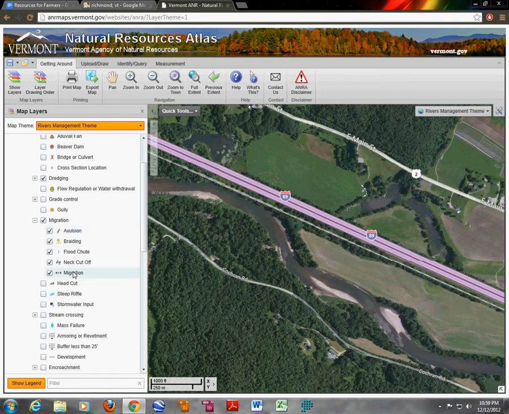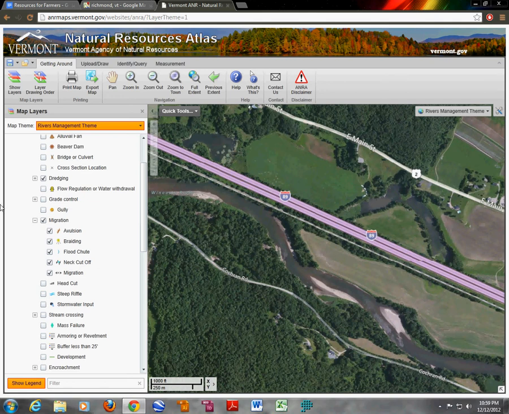And migration is where the course of the river changes frequently, or migrates, and so that's important because it shows that the river system isn't a stable entity. It's fluid and dynamic, and it's going to constantly be changing.